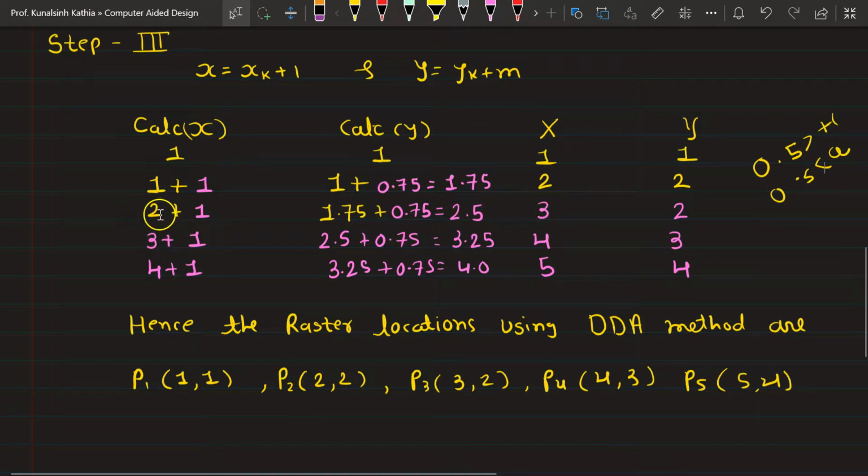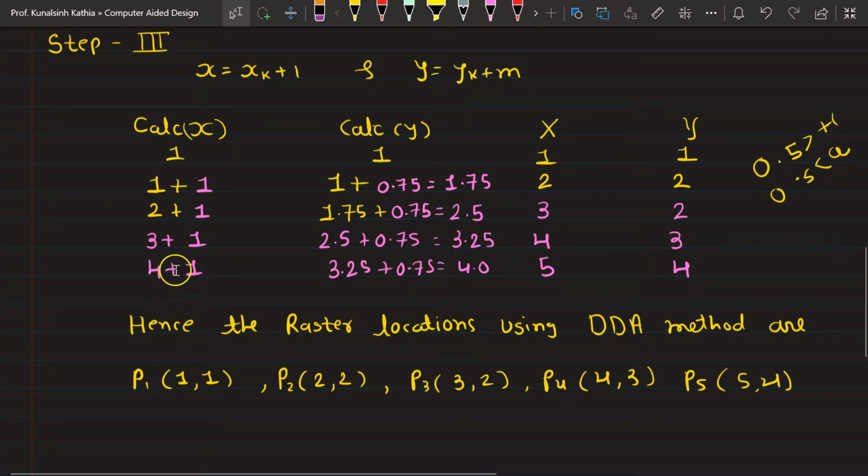Next step, 3 plus 1 is 4, and 2.5 plus 0.75, the value of m, is equal to 3.25. Now 3.25 is less than 3.5, so the rounded value is 3.